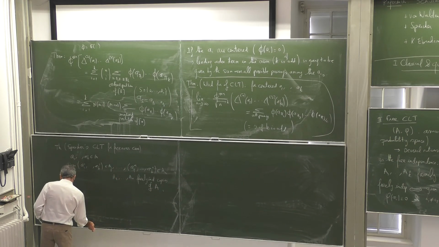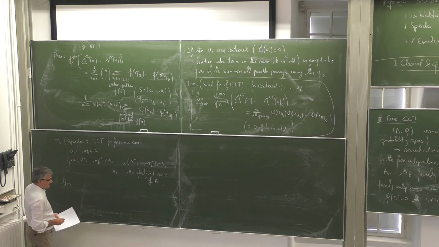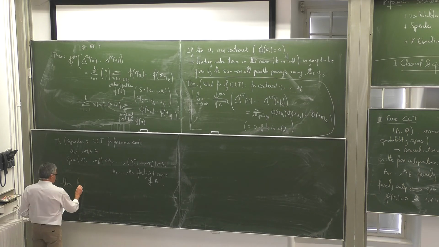Then what we get is something that looks like the classical central limit theorem up to a variant.